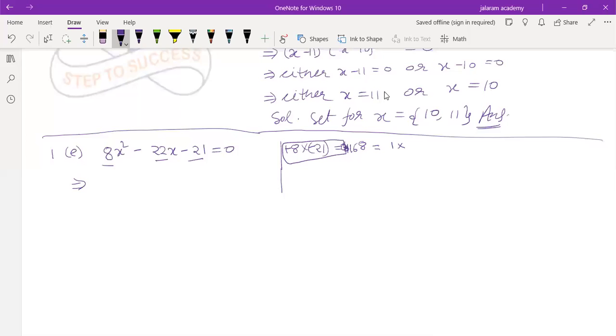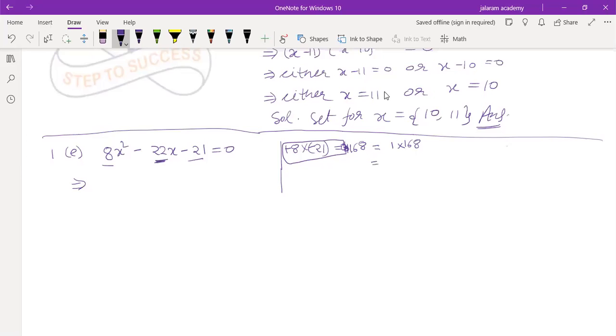Sir, 1 into 168. And we have to find what, the difference or the sum? The difference. The difference must be the coefficient of x, so the difference must be 22. But the difference of 168 and 1 is not 22.